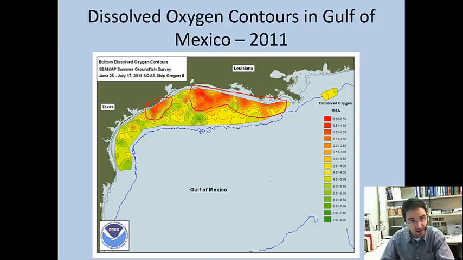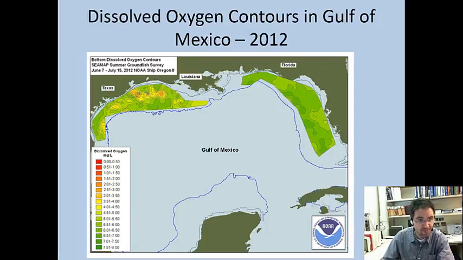Now, keep that 2011 map in mind, and contrast it with the 2012 map, even though there's some data from off the Florida coast as well, but you'll see a much smaller zone. As we look in this region, a lot smaller area with that low dissolved oxygen. In fact, the area of less than 2 milligrams per liter is quite small in comparison to what we saw in 2011 or 2010.